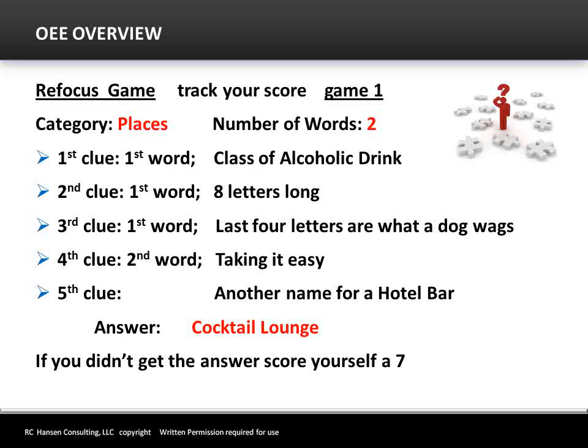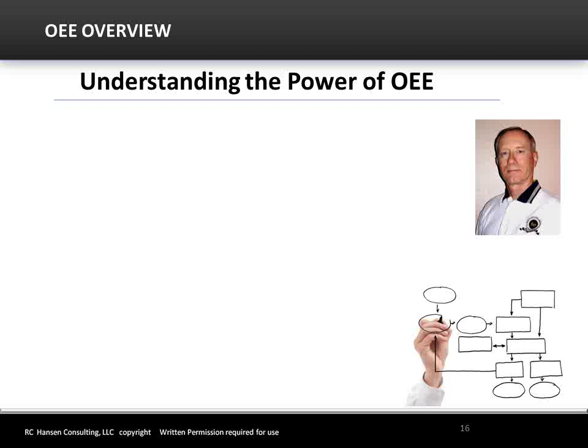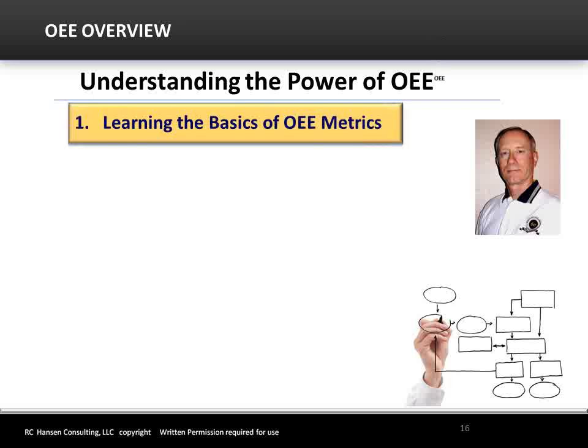Alright, let's get back to our training. I will introduce the 7 areas of study and also provide a little more detail for each one. First is the basics of OEE metrics, which is covered in 2 modules.